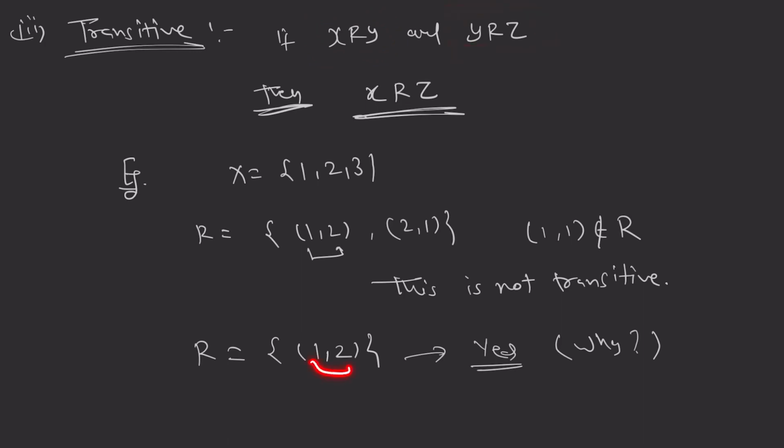So x is related to y: x is 1 and y is 2. But there is no second condition here that y is related to z in this relation, because 2 is not related to anything, so we can't proceed. If we can't proceed, we just say this is transitive.